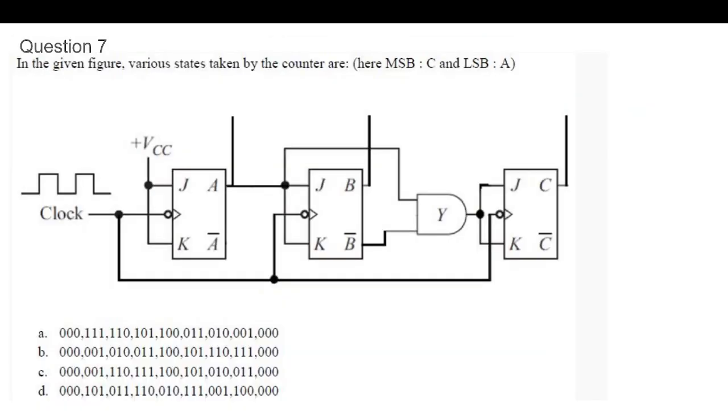Next, in the given figure, various states taken by the counter are, and here also C is the MSB, A is the LSB. And this J, is this a synchronous or asynchronous counter?